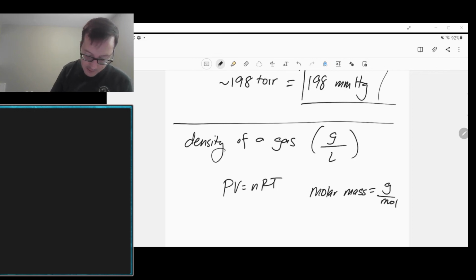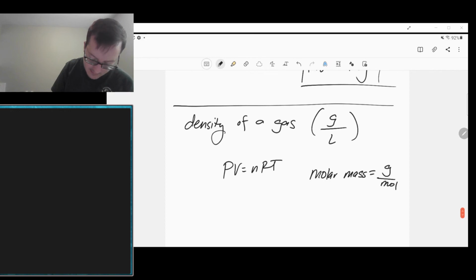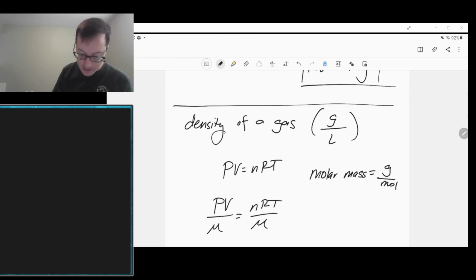So if we divide both sides of this equation by the molar mass, remember that n over molar mass will be just grams.